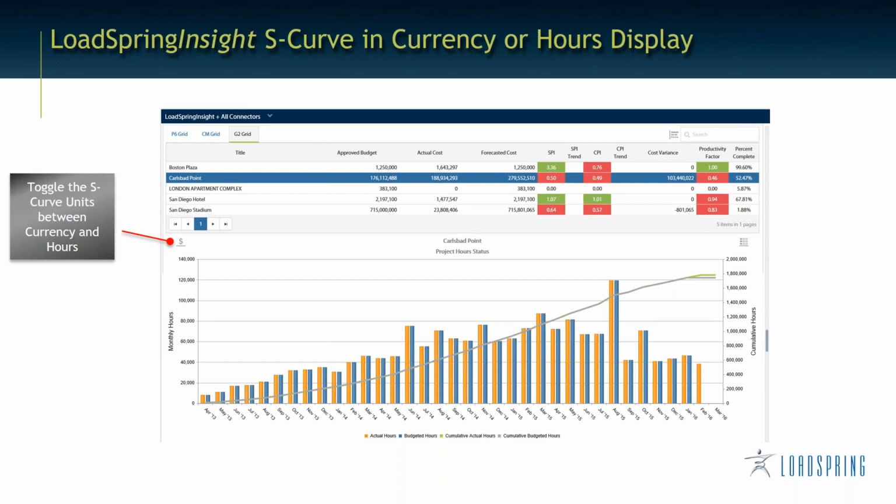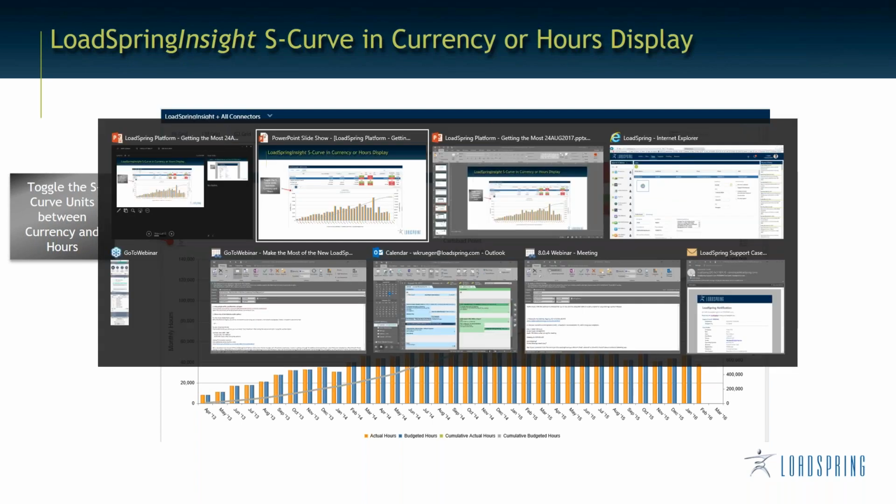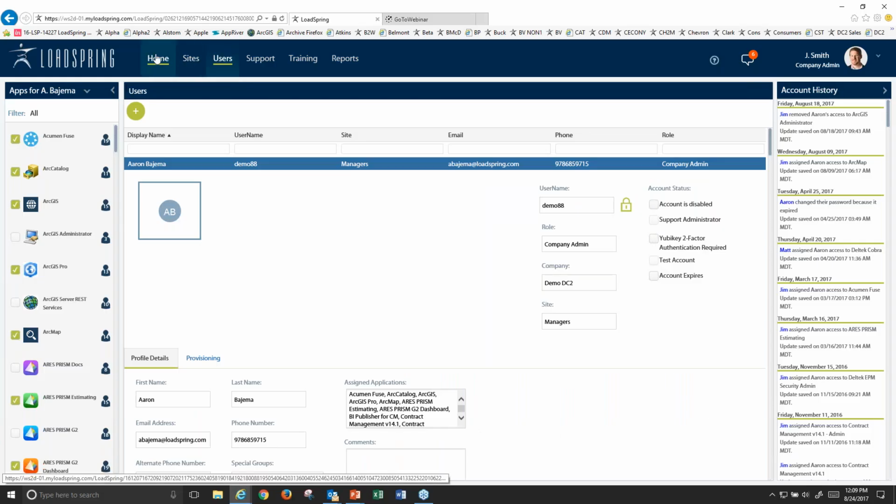In this case, it's displaying cost information from a project cost accounting platform called Ares Prism G2. And the request is, hey, it's great that you're showing dollars. We'd also like to display the S-curve in hours as a unit because our organization deals a lot more with hours. So what we've done is enable, through the LoadSpring Insight solution, the ability to toggle with a button.